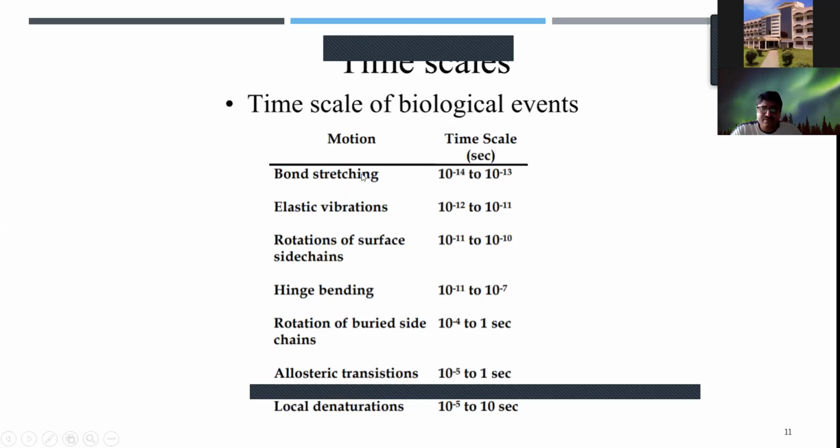But to understand the different interactions or denaturation, we need to perform the simulation for a longer time. The longer the simulation, the more information we get. But we also need to understand the small forces. That's why a 2 femtosecond time step is normally quite enough, because it covers the bond stretching motions.